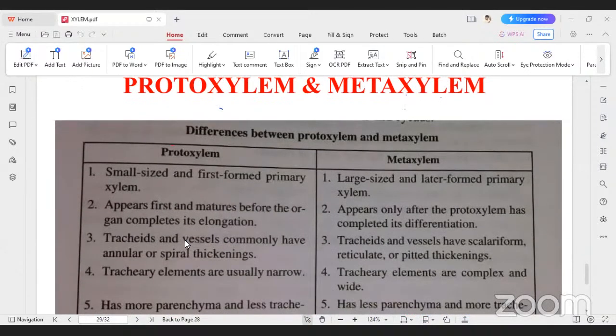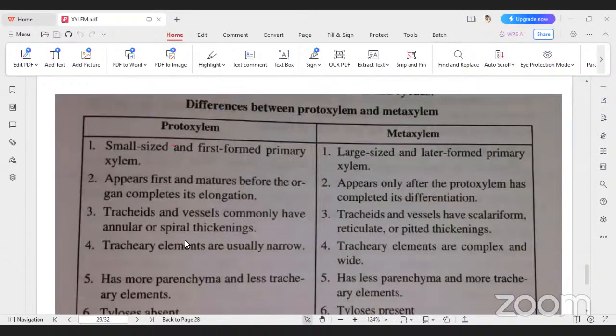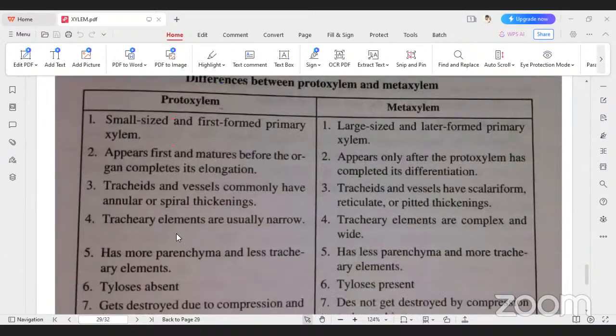Here the protoxylem and metaxylem are given; how they are formed, I already told you. Primary xylem is formed from the procambium cells. Inside the primary xylem, there are two types of xylem, protoxylem and metaxylem. Protoxylem is small in size and is the first formed primary xylem.